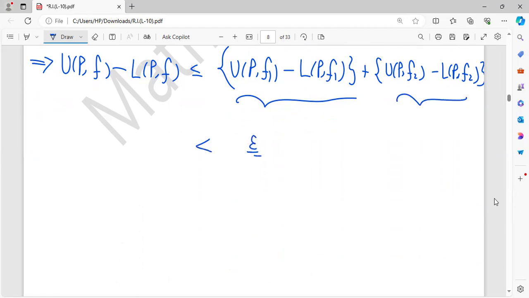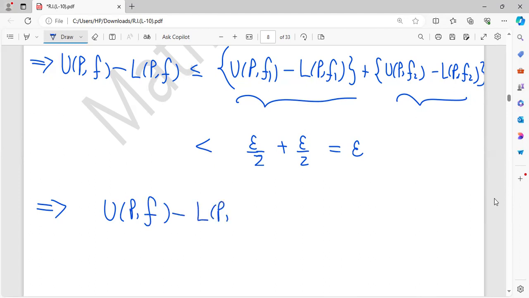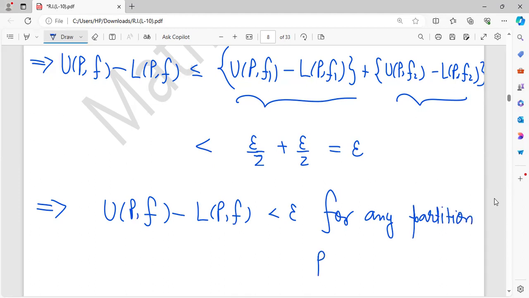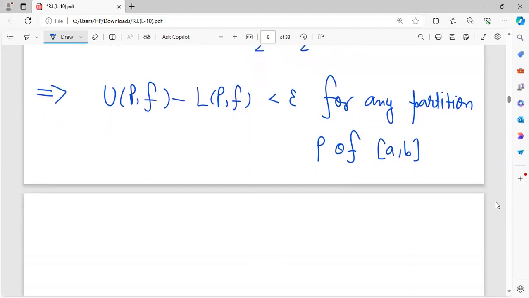So we have epsilon. So this implies UPF minus LPF is less than epsilon for any partition P of closed interval AB with norm of P less than delta.